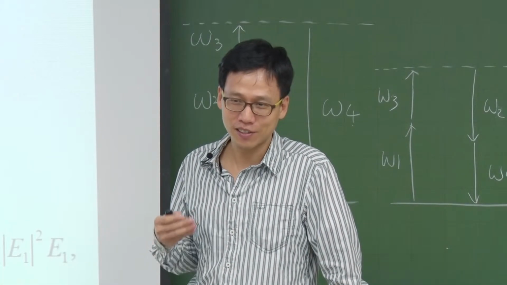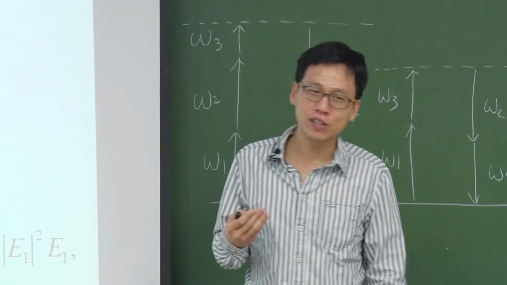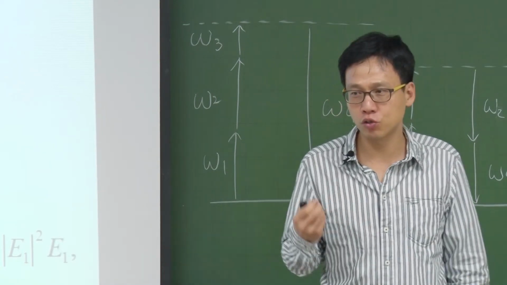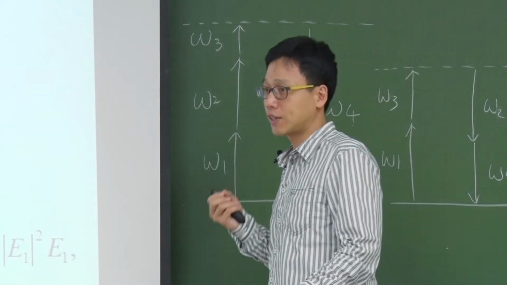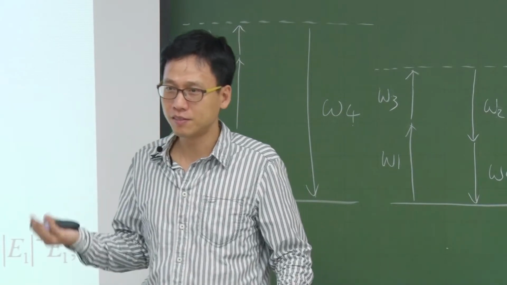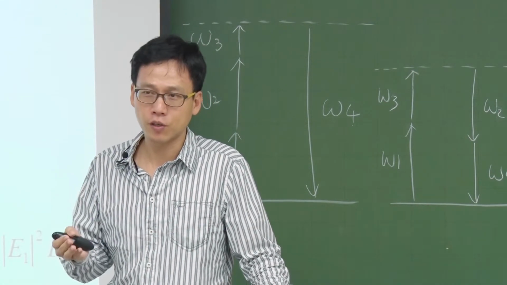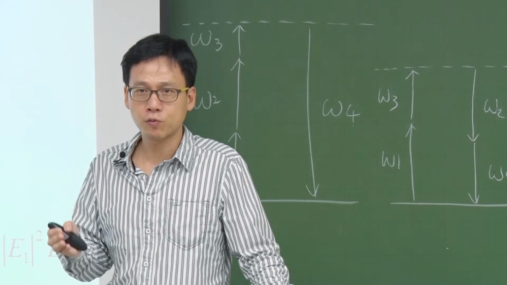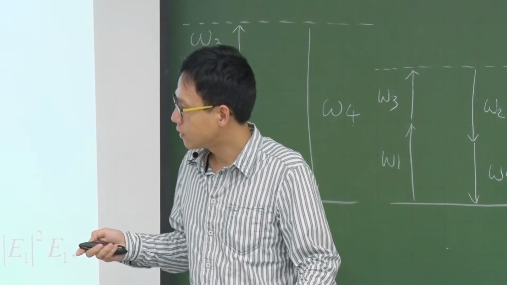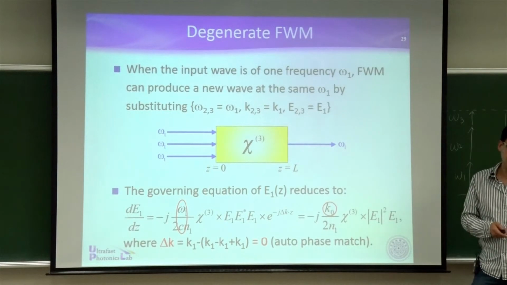Okay? And it's a big advantage because usually delta k is non-zero because of the material dispersion. Different frequencies correspond to different refractive index. In that case, delta k is usually non-zero.